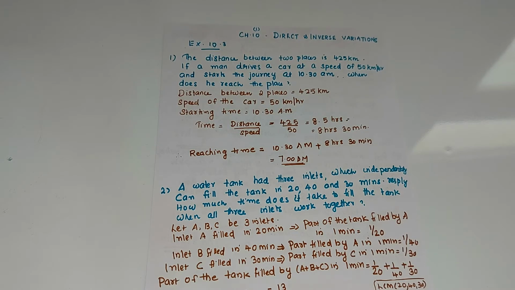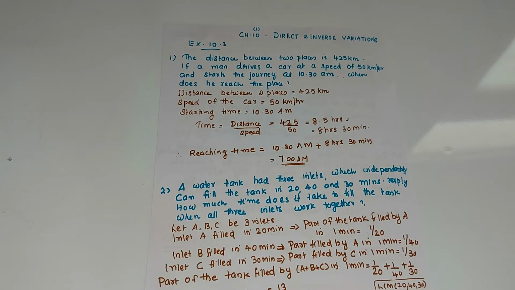So to get the time that he reached the place, first we have to find out the time taken to cover this distance. For this we can use the formula time equal to distance by speed.